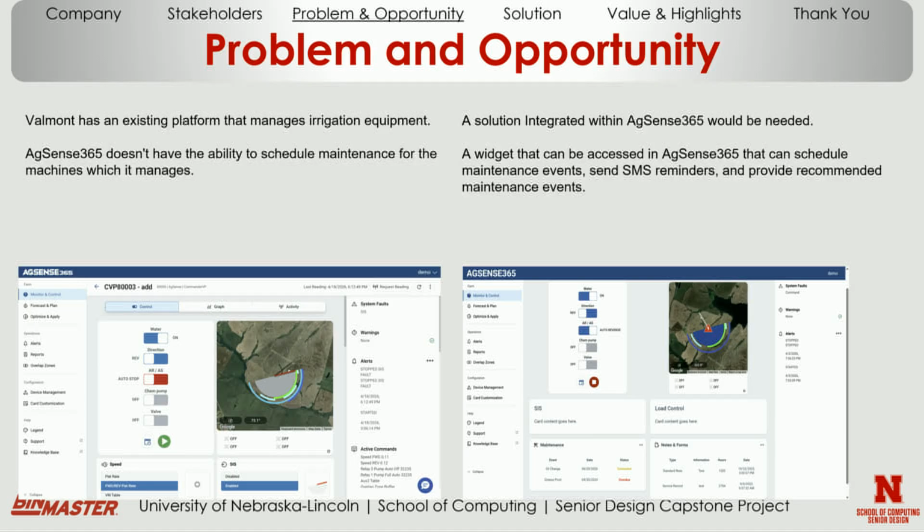A little bit about the problem that we were given and what we decided to do with it. Valmont has an existing application called AgSense 365 that shows information about different irrigation materials, specifically pivots, which is what we focused on.